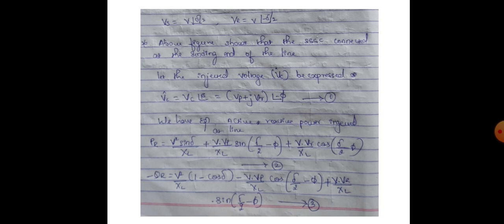That is equation 3. From these two equations, PR and minus QR, we have simplified equations for PR, active power: PR equal to P naught plus V into VP by XL into sin of delta by 2 minus phi plus V into VR by XL cos of delta by 2 minus phi, where P naught is V square by XL sin delta.